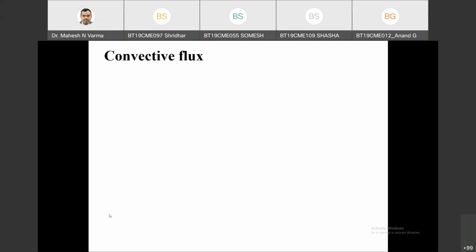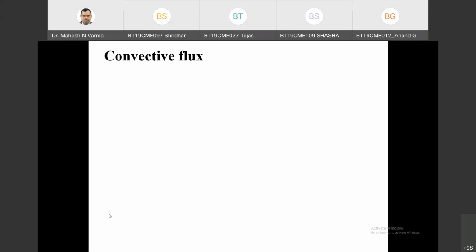Yeah, roll number 77, Tejas. Where is the bulk motion involved in h into delta T? What is h? You know? The heat transfer coefficient. So where is the bulk motion involved when I am calling h into delta T a convective flux? So in Newton's law of cooling, we have it. Yeah, Newton's law of cooling is there.